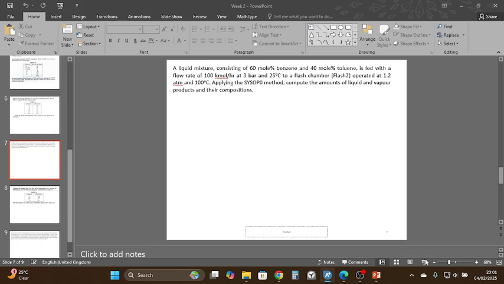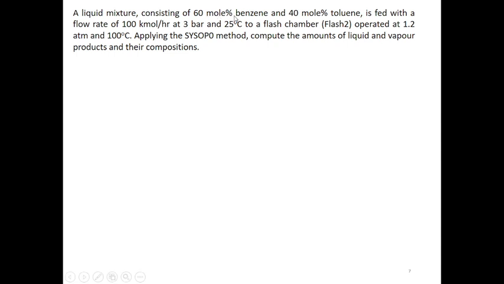So this is a very straightforward question. You can try it on your own. The liquid mixture of 60 mole percent benzene and 40 mole percent toluene is fed with a flow rate of 100 kilomole per hour at 3 bar and 25 degrees Celsius to a flash chamber. It is operated at 1.2 atmosphere and 100 degrees Celsius.